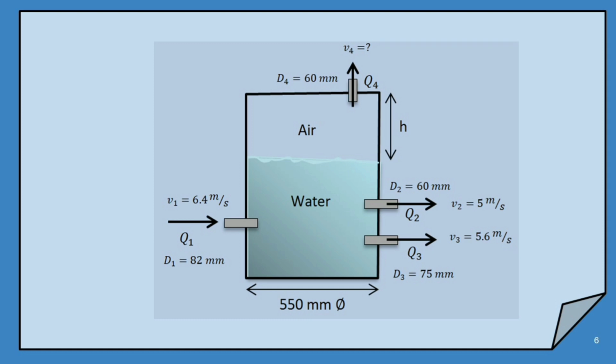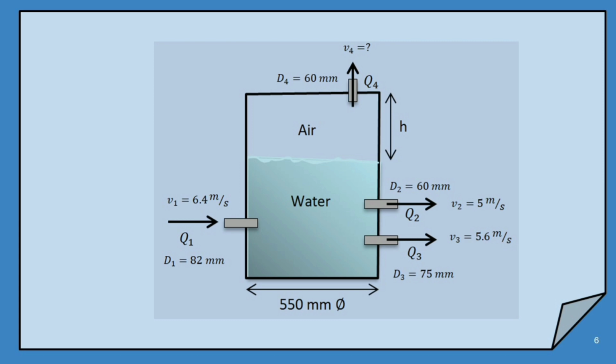We also have capital D sub 1, 2, 3 to 4, which denotes the diameter of each pipe, and V1 to V4, which is the velocity in each pipe where the air or the water flows through.